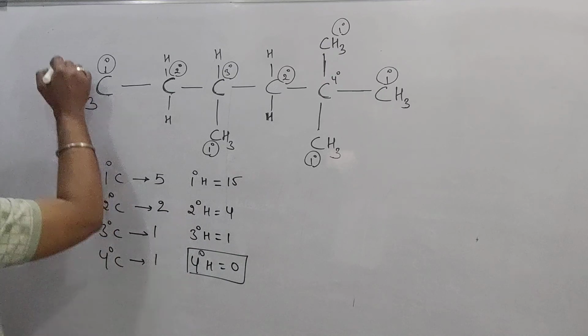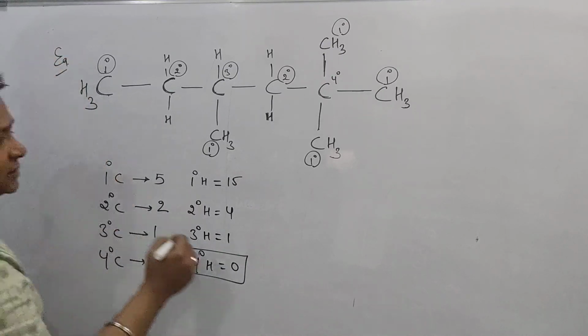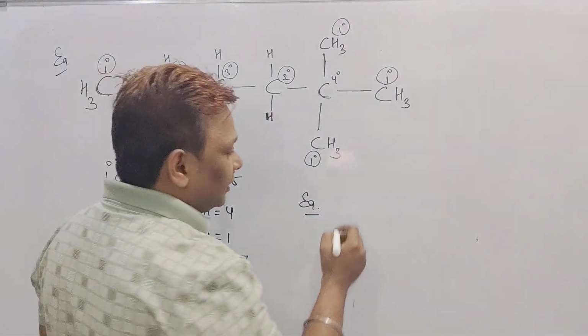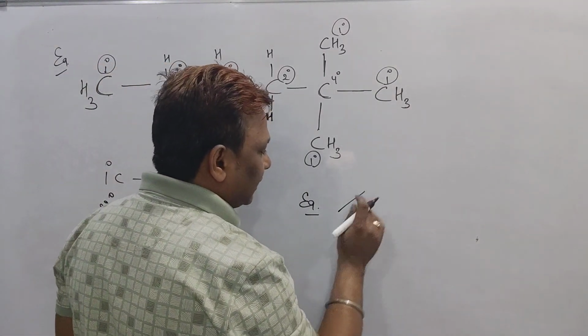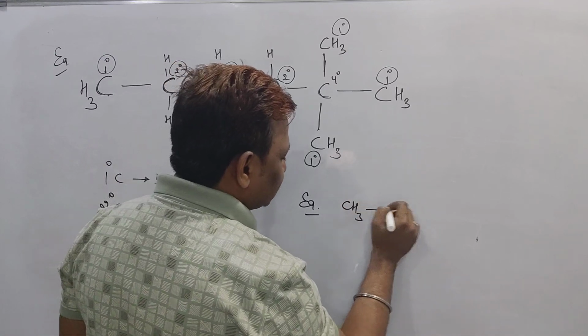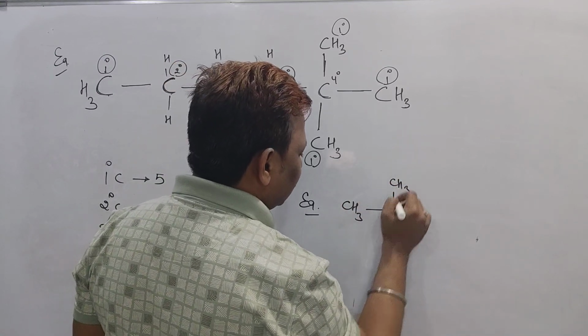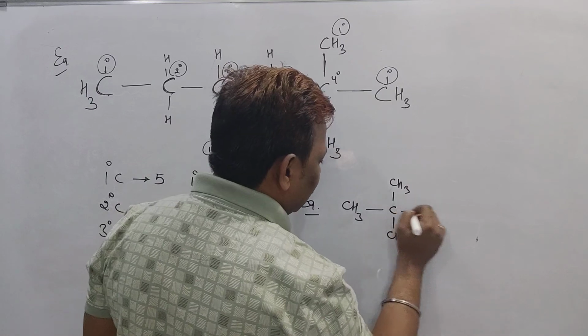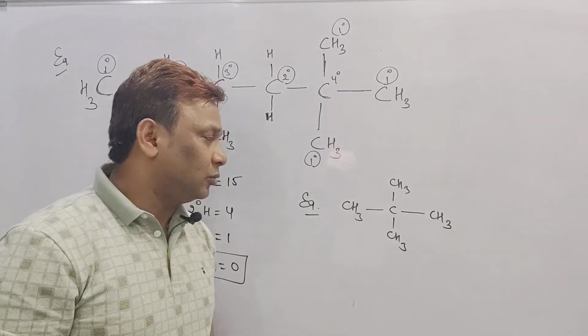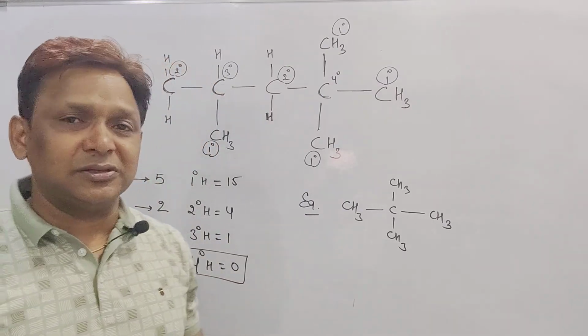So this is the one example I have given for you, beta. This is the example which I will give for you. You try it and tell me how many primary, secondary and tertiary carbons are there. See what I have here. This is a CH3, this is a CH3, this is a CH3 and this is a CH3. Chalo beta, I will give you time to get the number of primary, secondary and tertiary carbons.